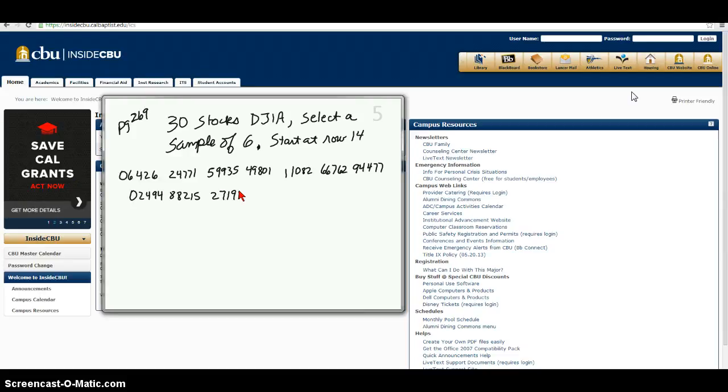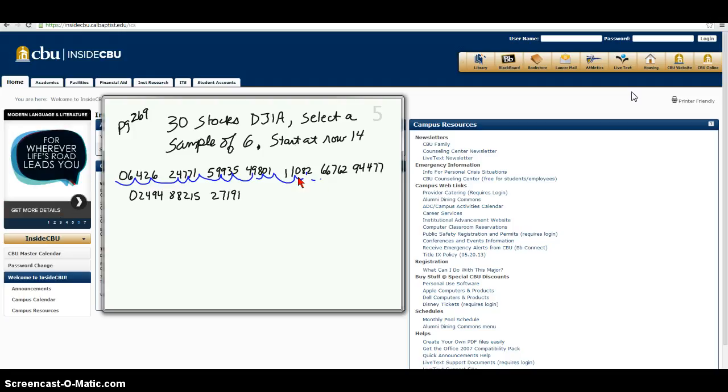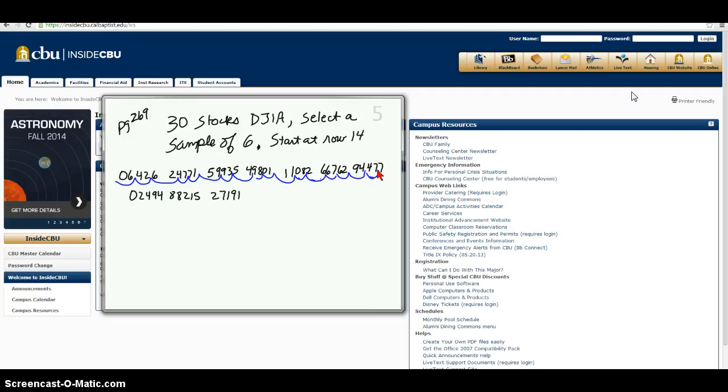You go every 2 digits. If that number is less than 30, you accept it. If it's more than 30, you ignore it. So we're going to separate this row of numbers into groups of 2, because 30 has 2 digits.